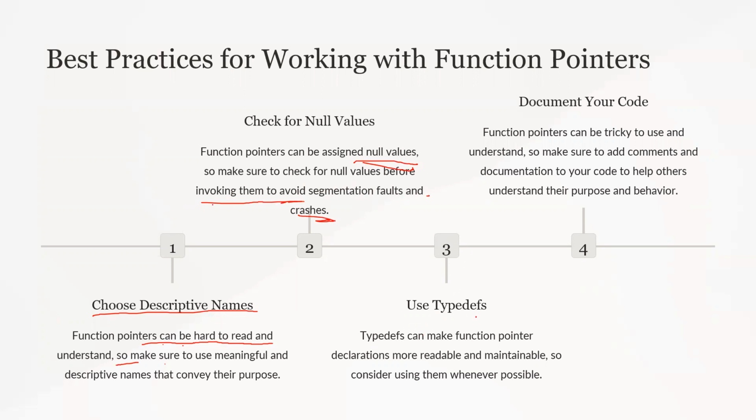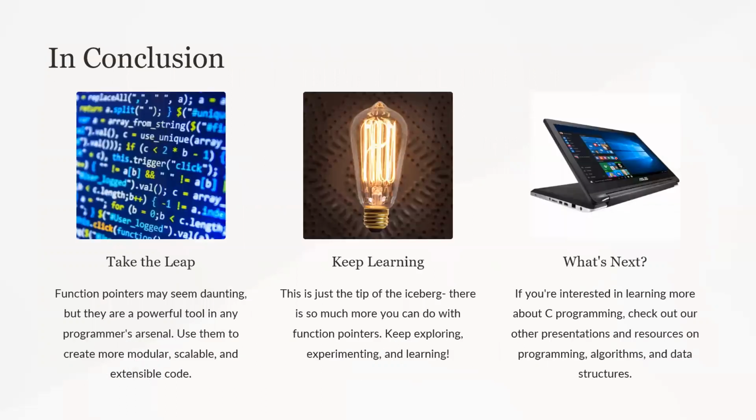And typedef use we have already discussed. And document your code. We should always give proper comments, or we can create a readme document, so that it will be easier for others to understand whatever we have written.